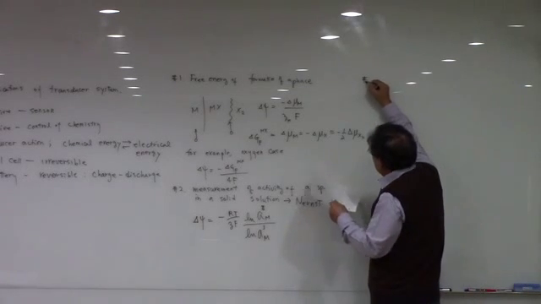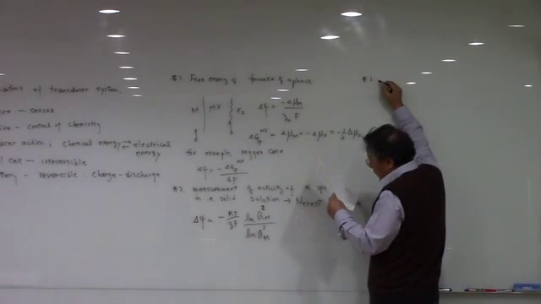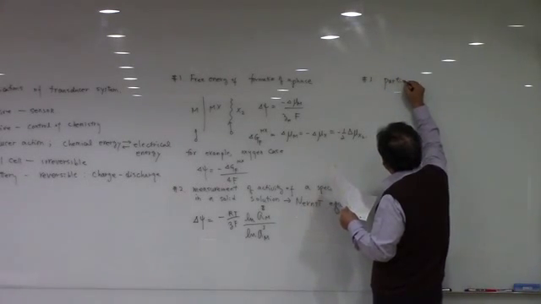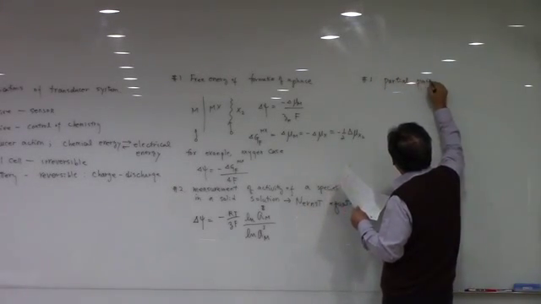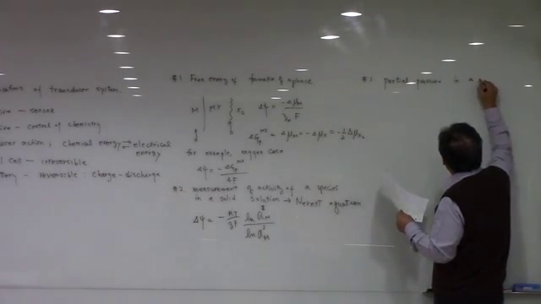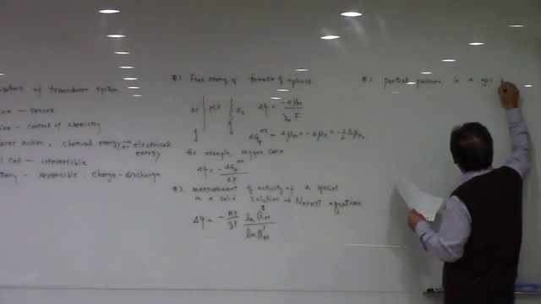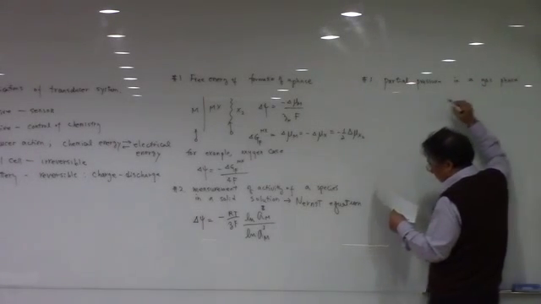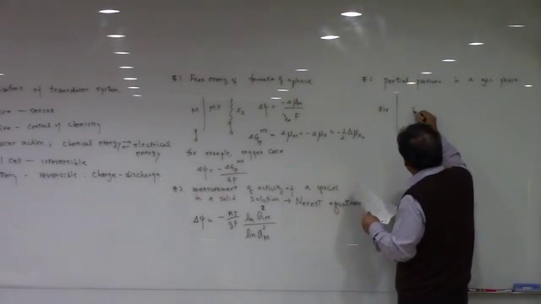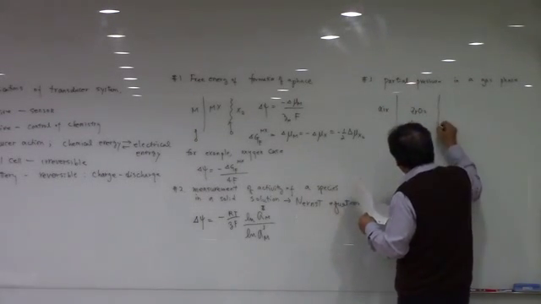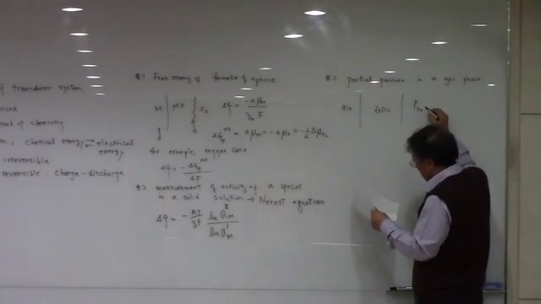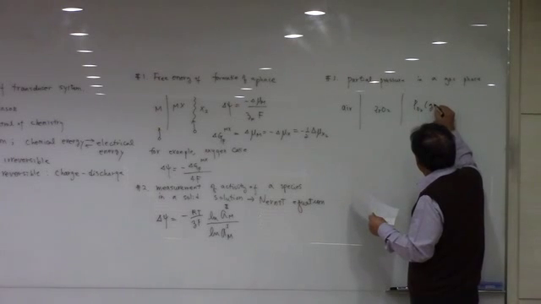And number 3, partial pressure measurements. Partial pressure in a gas phase. Here we have air and zirconia and PO2 gas phase.